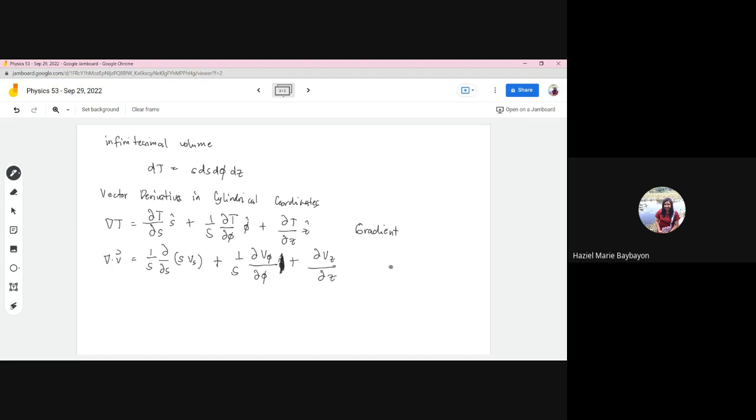So this is the divergence in cylindrical coordinates.